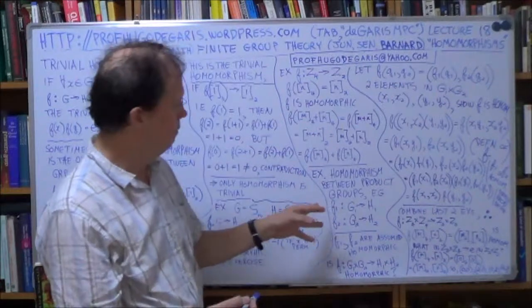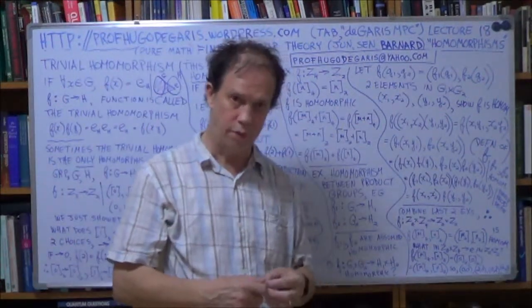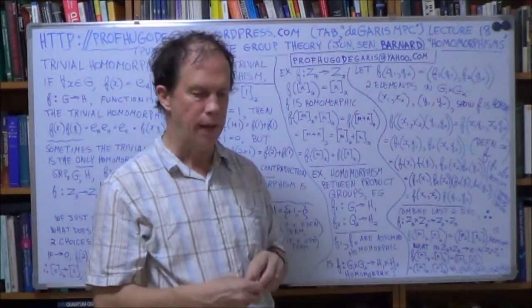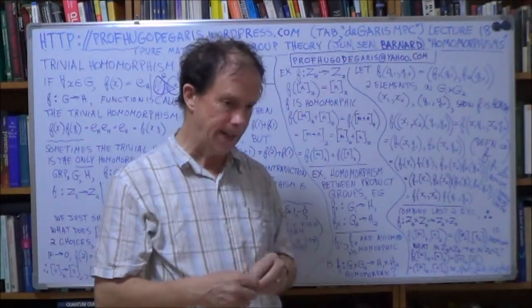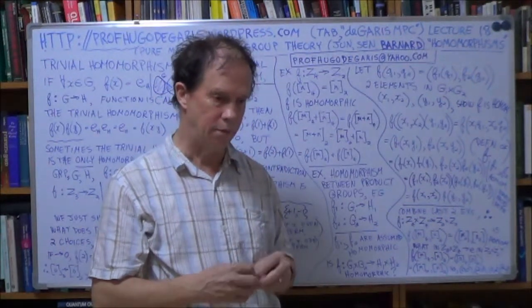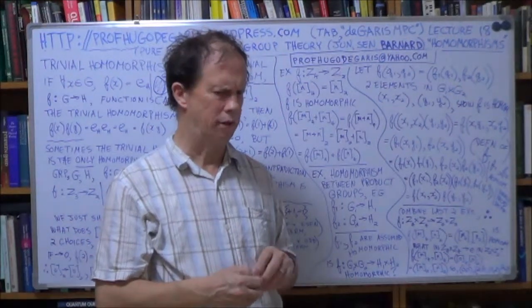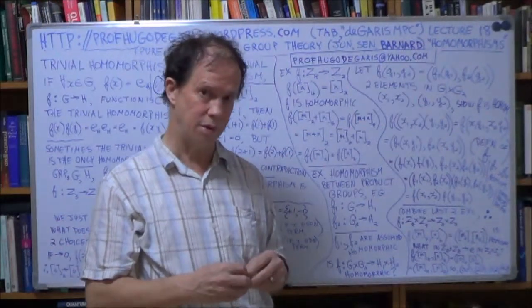So one concept would be the product group. And here you are now thinking about homomorphisms, and somebody had to ask the question for the first time: could you have a homomorphism between product groups? Is that possible?